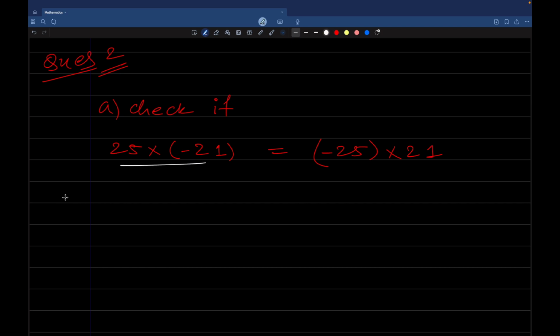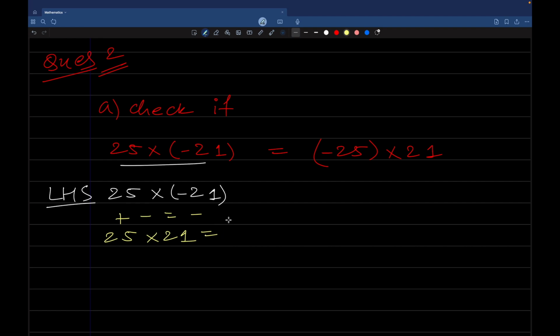So let's check for LHS. 25 into minus 21, we have one positive and another negative, plus into minus is minus. 25 into 21 is 525, so we have answer equals minus 525.